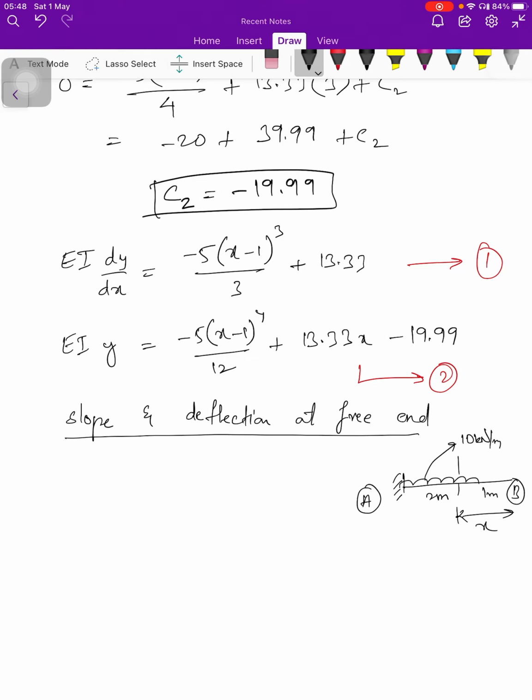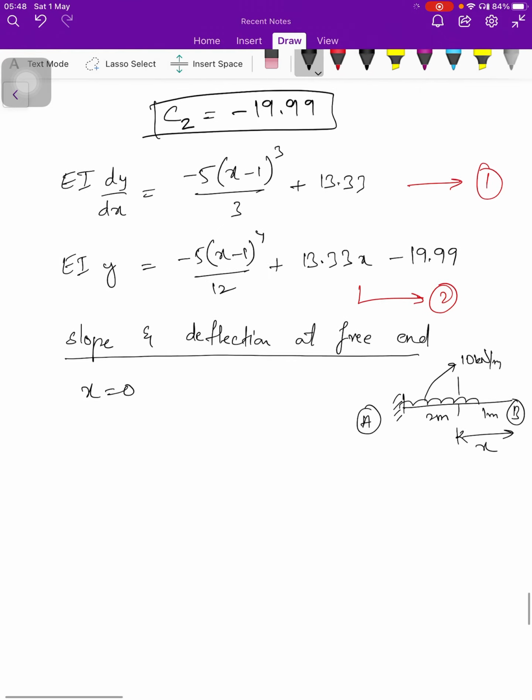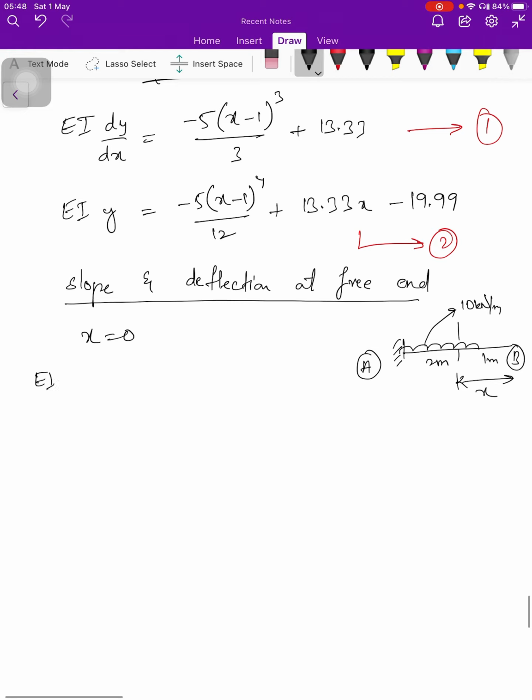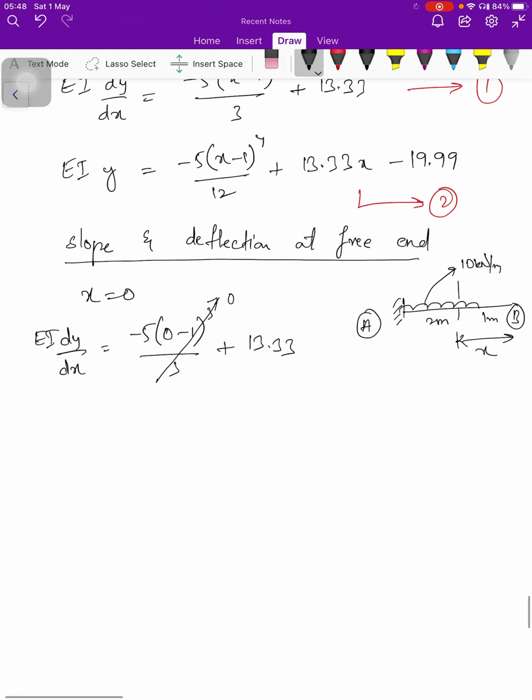So x being measured from the free end, at the free end x will be 0. So substitute in equation number 1 to calculate the slope, which is EI dy by dx is equal to minus 5 into (0 minus 1) whole cube by 3 plus 13.33. So this should be neglected. Why? Because the term inside the bracket is becoming negative, so this has to be neglected.